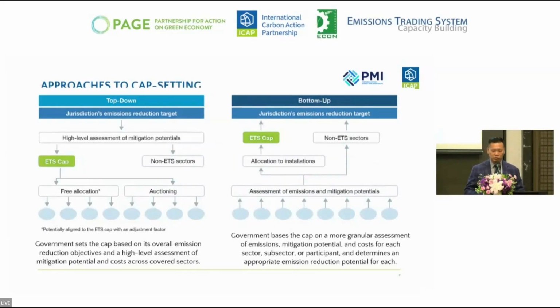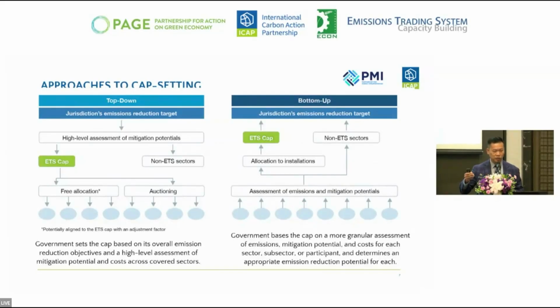And there are different approaches to set the cap. One is the top-down approach. The government will say, right now we have the total number of emissions for the base year, maybe for the last 2 years or for this year. And then we ask the whole carbon market to reduce some percentage every year.